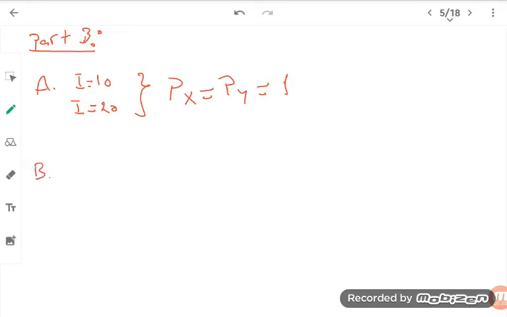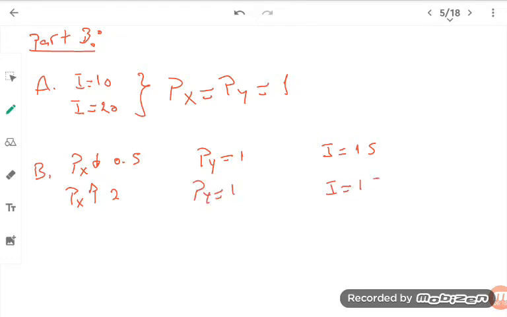Scenario number 2, price of X will decrease to 0.5 while price of Y equals 1 and the income remains 15. A second case in the same part, or the second scenario, price of X increases to 2 while PY equals 1 and the income equals 15.